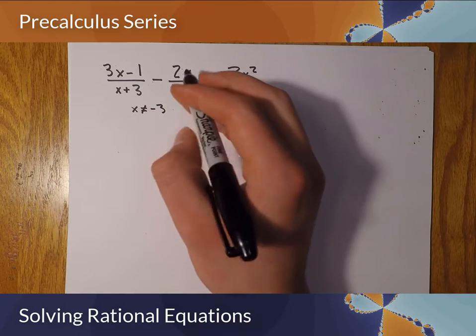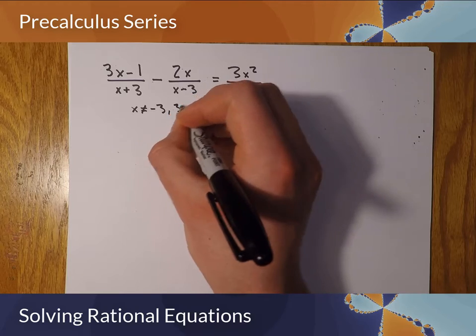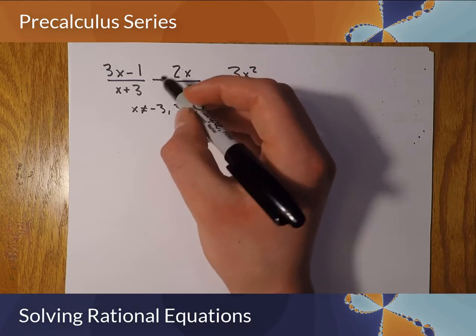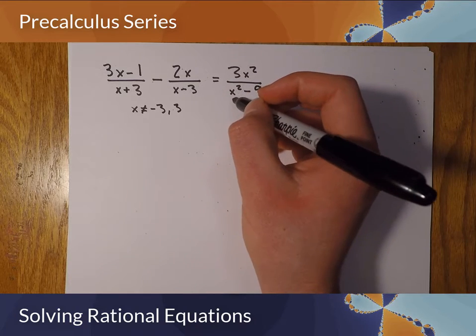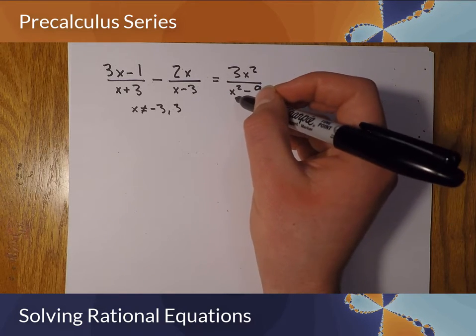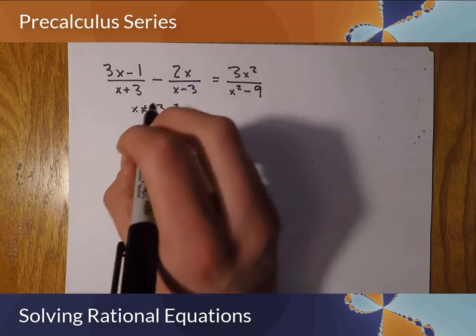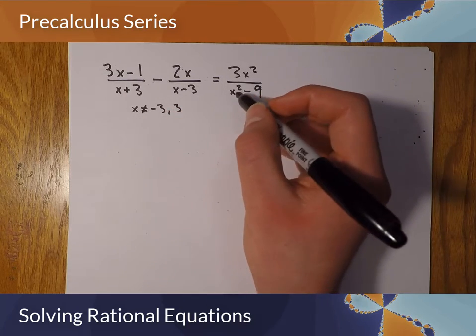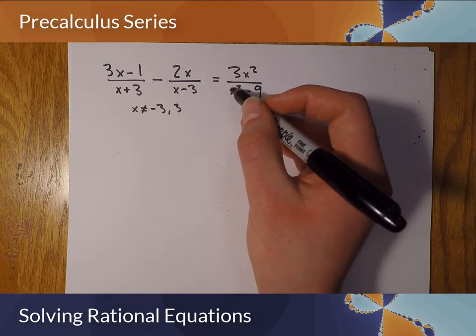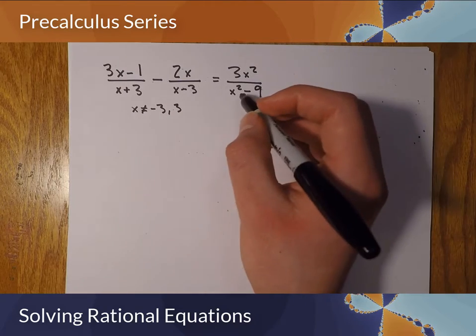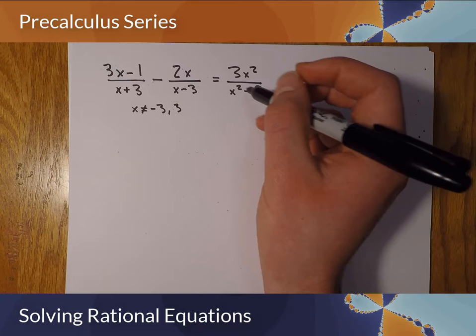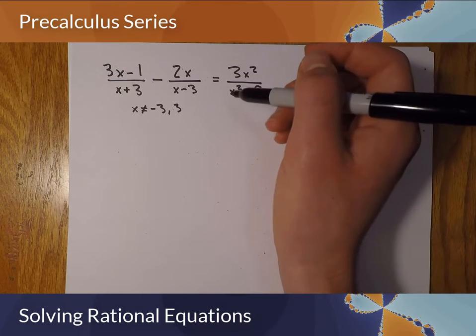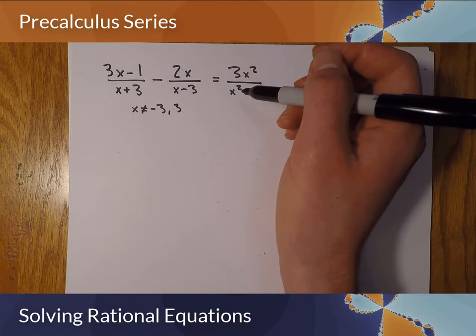The equation is also undefined when x is equal to 3 for this part here. So x cannot be 3. We also see that x squared cannot equal 9, which means positive or negative 3 is out of bounds for x, because otherwise it would send this whole denominator to 0, which means this would be undefined.